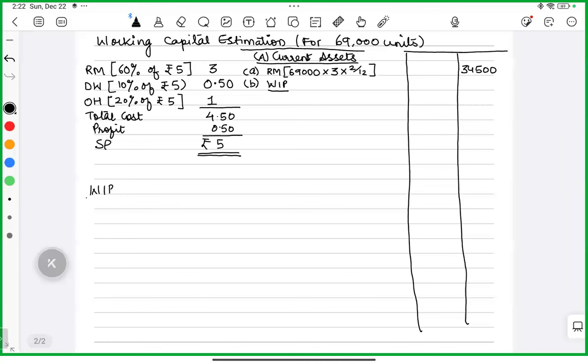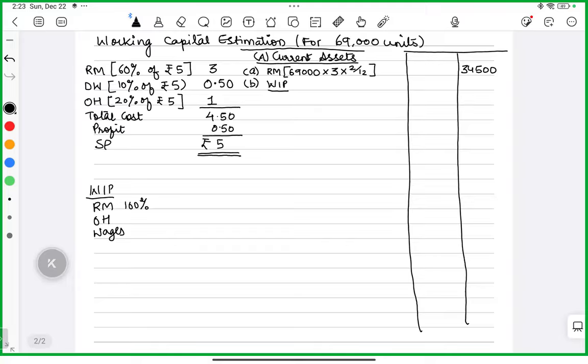Now, whenever such examples are given and no information is given, what you have to do? So work in progress, there are 3 components of work in progress: raw material, overhead, and wages, right? Now see, in the paragraph, they are saying that all required materials are charged in the initial stage. It means whatever the production process requires, all raw material, that is 100% of the raw material, have been supplied.